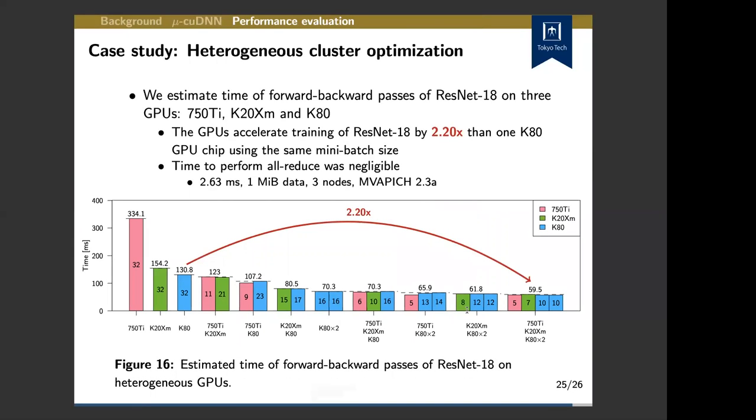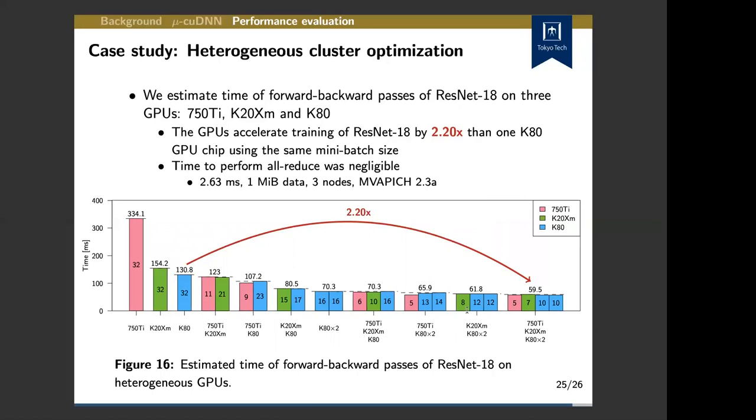This is the last experiment, a case study of heterogeneous cluster optimization. Here we assume that we have 3 different available GPUs, and want to train ResNet with data parallelism by setting different local batch sizes for each to minimize the barrier overhead among the GPUs.